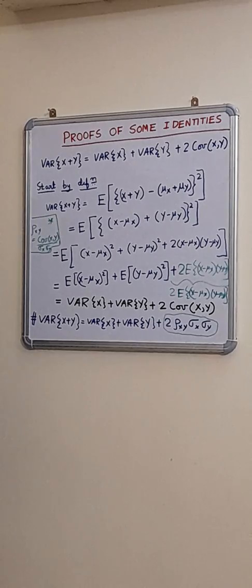One of the homeworks that I am going to give you to try is, what if it is not only for two random variables? If I have variance of x1 plus x2 plus x3 plus x4 plus x5 and it goes on, what will be that formula?